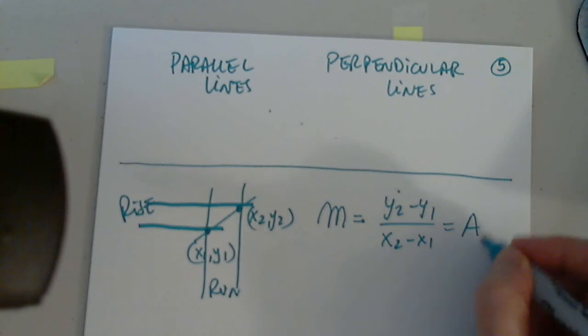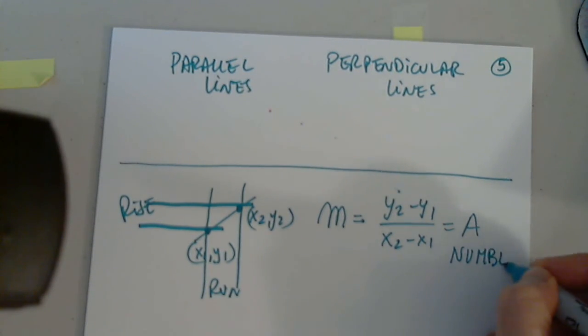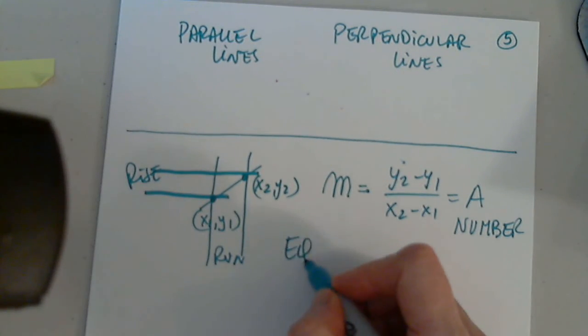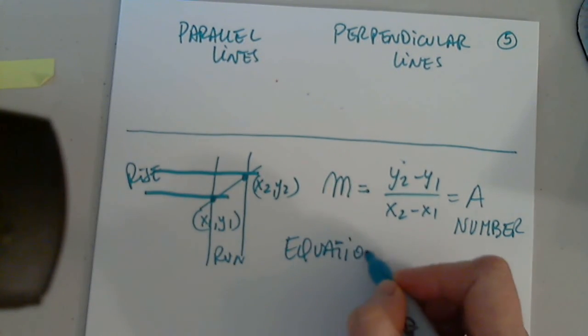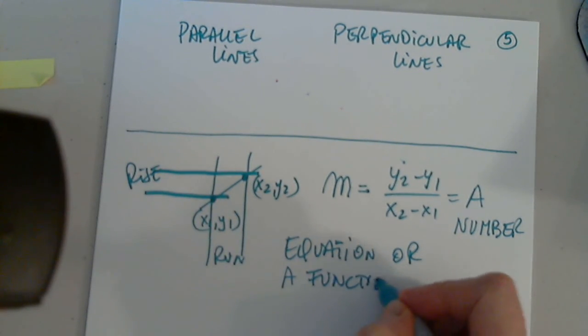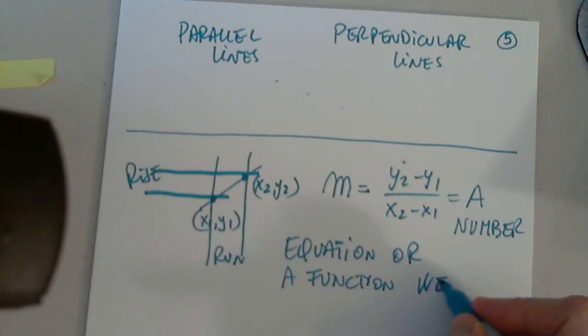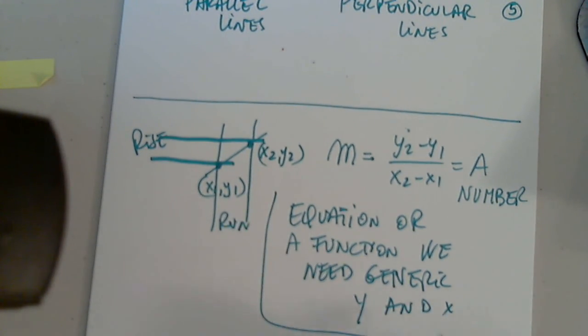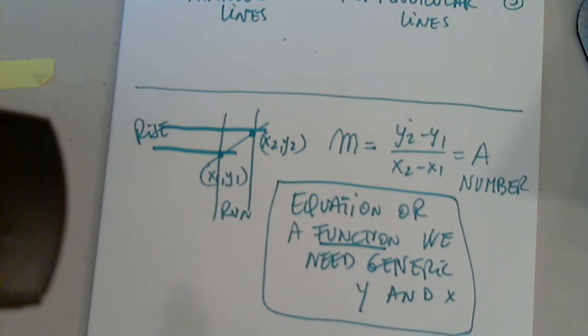And this is a number. In order to find an equation or a function, we need generic y and x. So if I do not have y and x, I don't have an equation. I don't have a function.